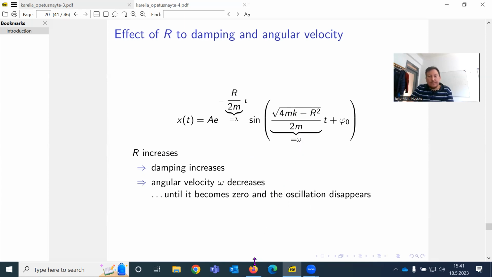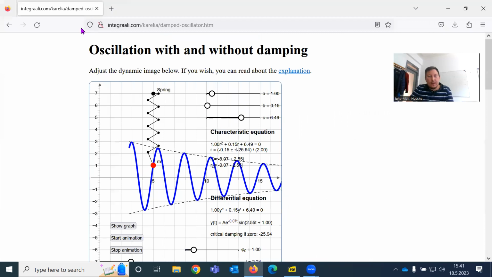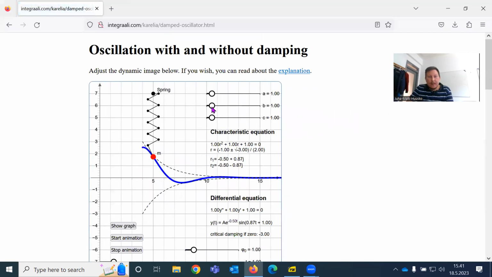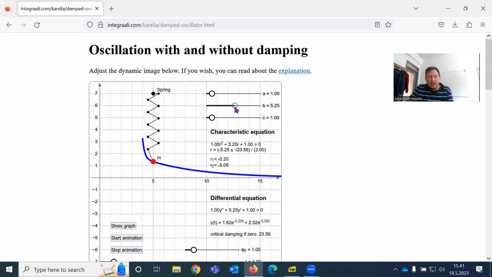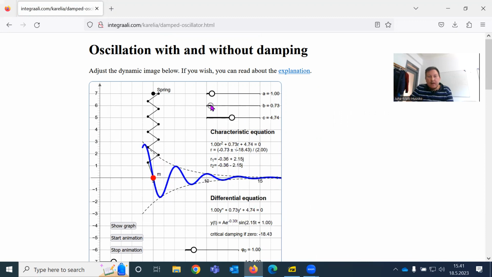Let's check this. If R is large, everything will have exponential decay. And if R is small, we have oscillation. We see that when R changes, the decaying becomes faster or slower.